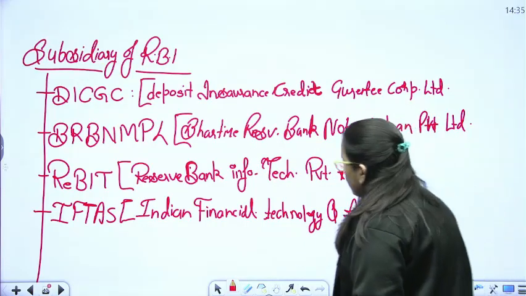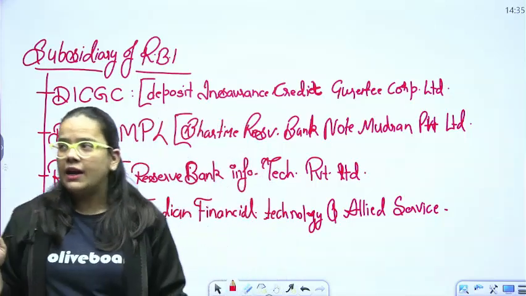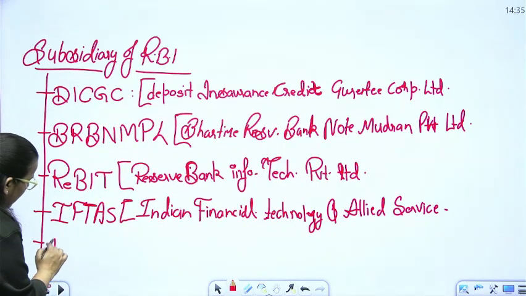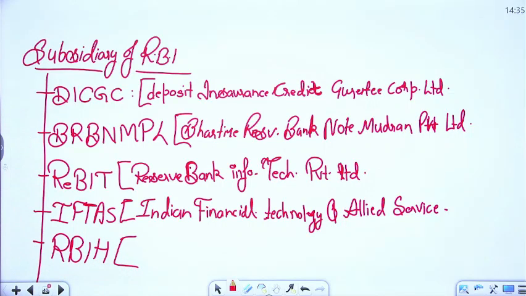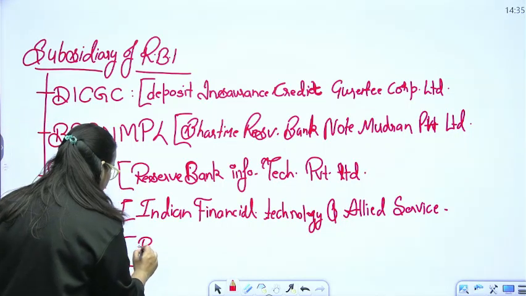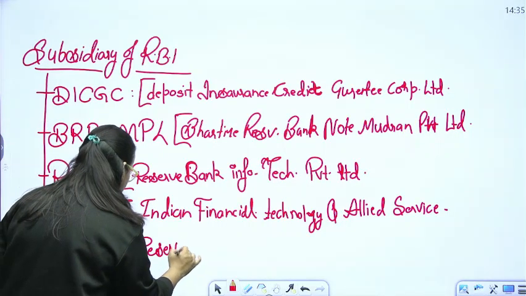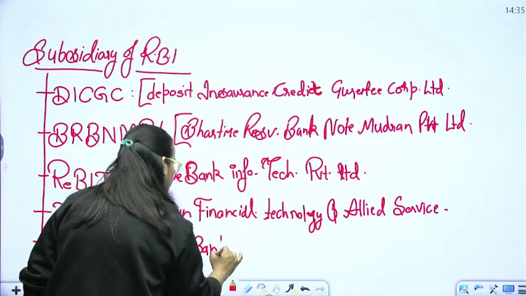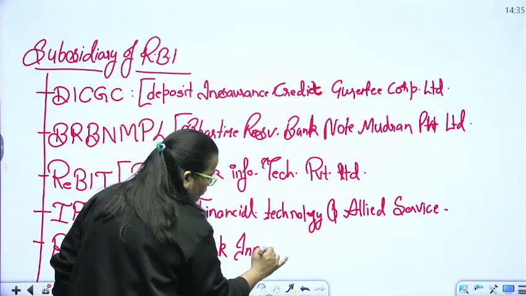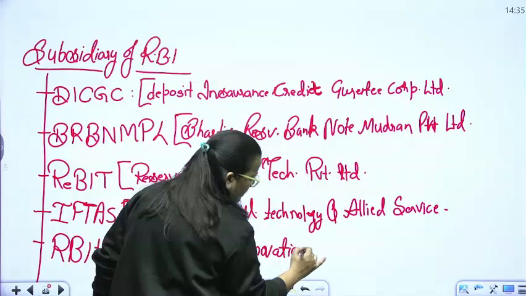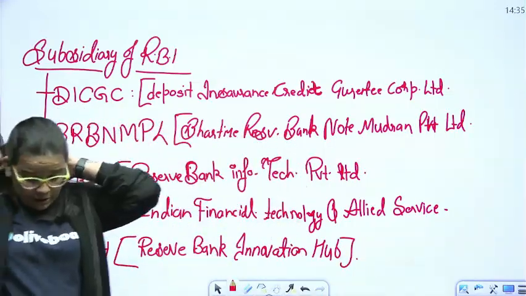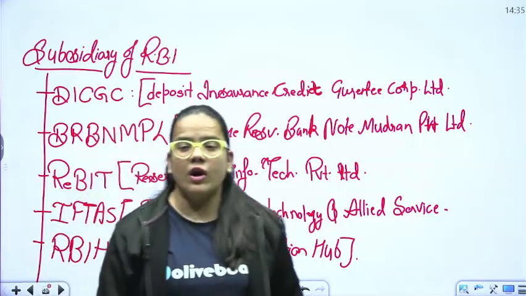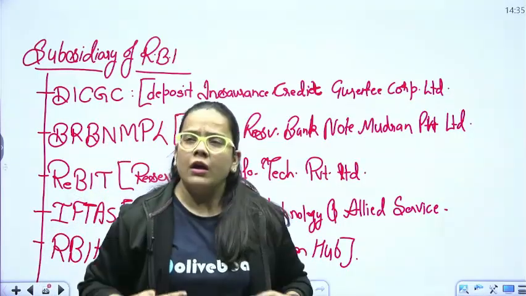This is the fourth subsidiary of RBI, and the last subsidiary of RBI is RBIH, which stands for Reserve Bank Innovation Hub. Okay, so this is the part which we have to cover in our subsidiary segment.